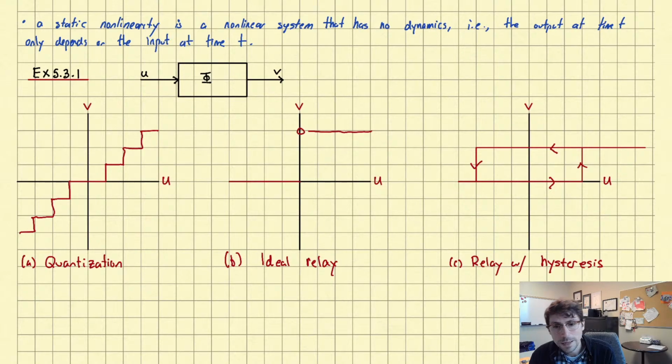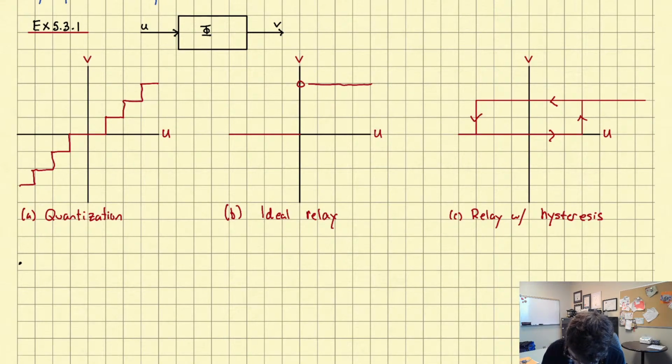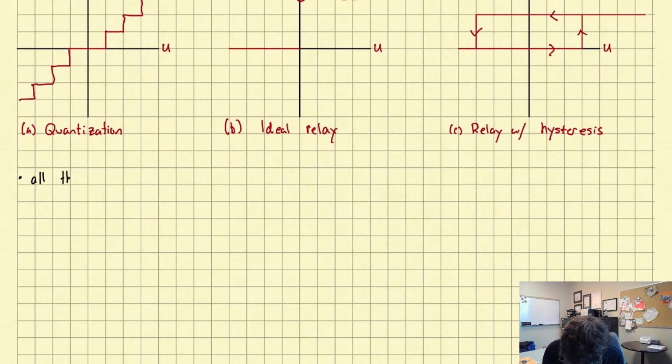Now, these are all nonlinear systems. However, notice that the first two have no memory. The output at any moment in time only depends on the input at that time. So all three systems are nonlinear, but only A and B are static nonlinearities.